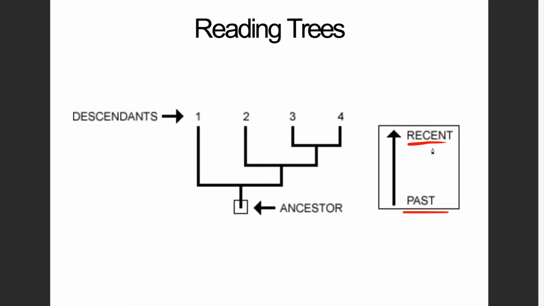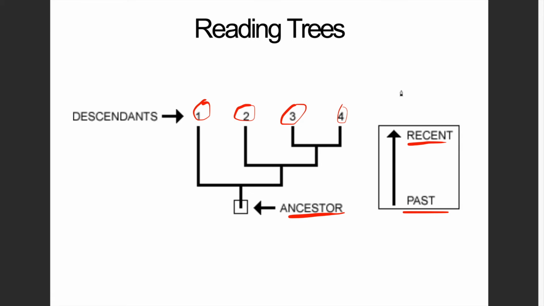You can also convert it into a landscape format, but the trend will always be that you have the old ancestors, the past, and the descendants, which are your extant members. When we say extant, we mean living members of that taxa, for example. Okay? So the first thing you have to notice is you need to have a sense of the past and the recency of your organism. And the trend is always like that, past to recent.